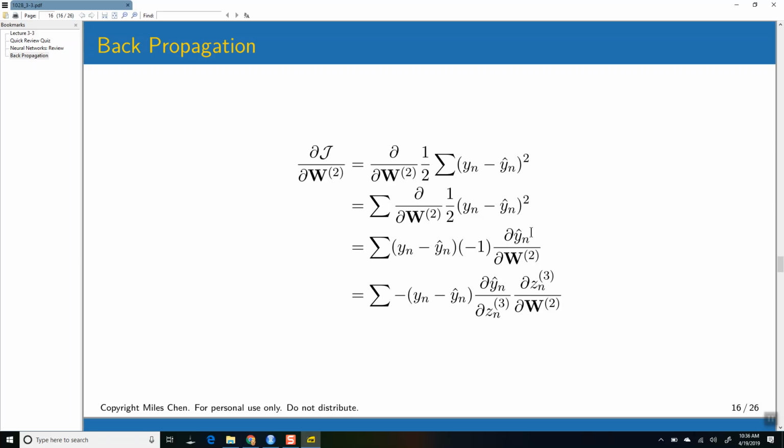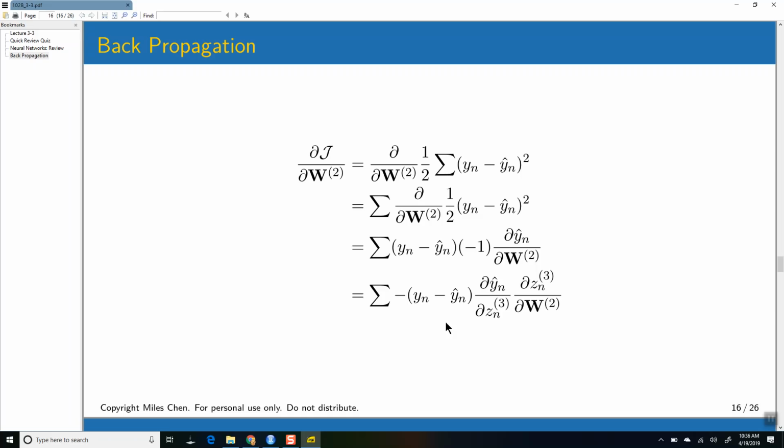So we really only have to figure out the gradient of y hat with respect to W2. I'll just move the negative sign over here, and right now we're focusing on one individual data point, y sub n. The whole thing is going to be a sum of all of these.